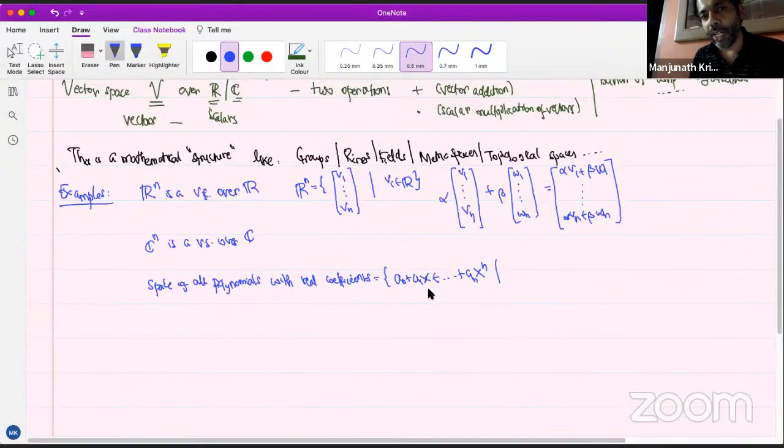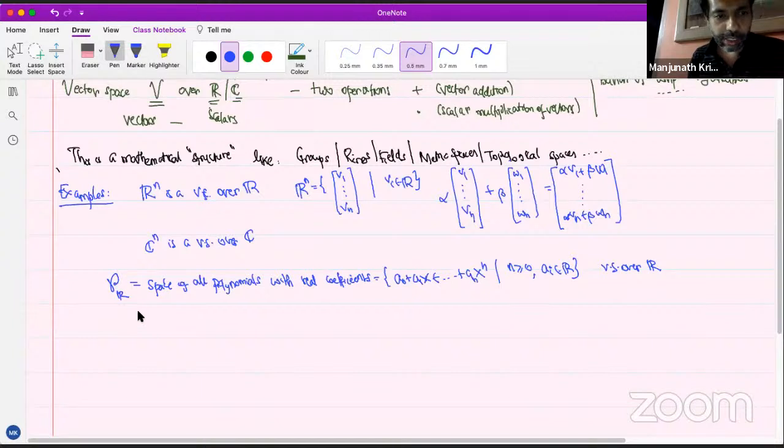If you want, you can write it as a0 up to an, where n is greater than or equal to 0, and the ai's are real numbers. So this is the space of all polynomials. We can call it P sub R. You can do the same with ai's in complex numbers, then they become complex polynomials. So this is a vector space over R. Okay.